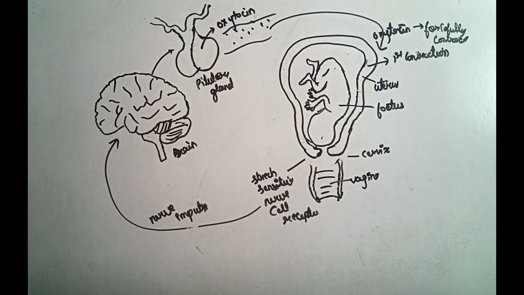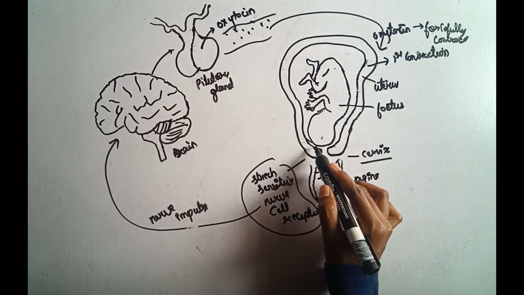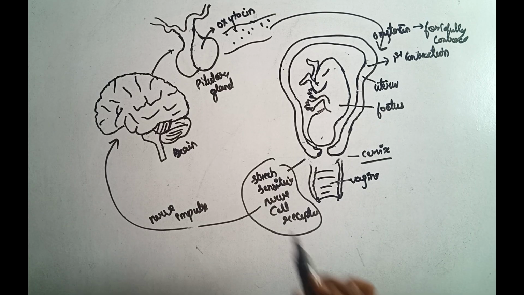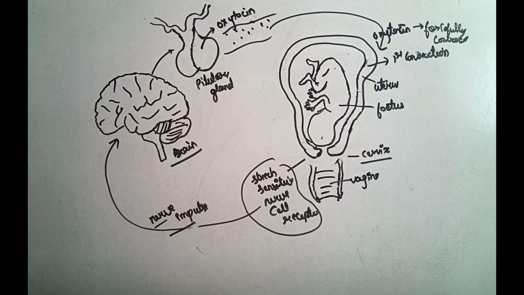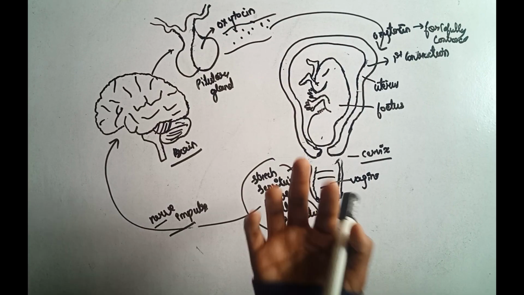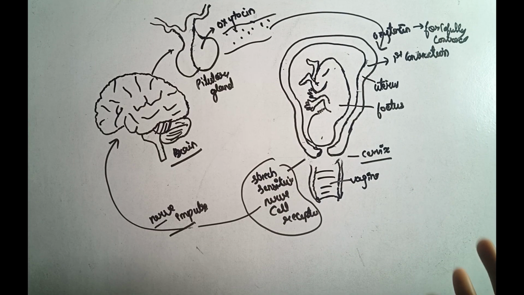And then again the stretch-sensitive nerve cell receptors send this information about the stretching of the cervix to the brain through nerve impulses, and then the brain again sends the information to the pituitary gland to release more oxytocin into the blood, and then oxytocin moves toward the uterus. In the muscles in the walls of the uterus there is a forceful contraction again.